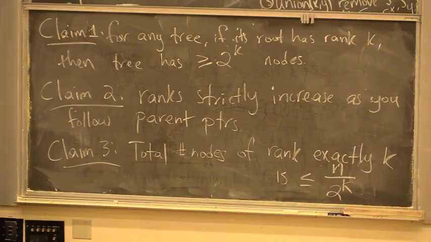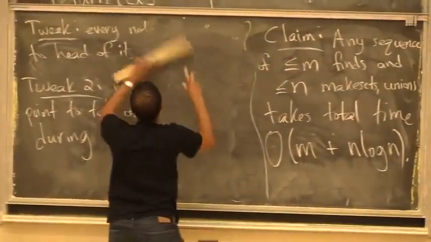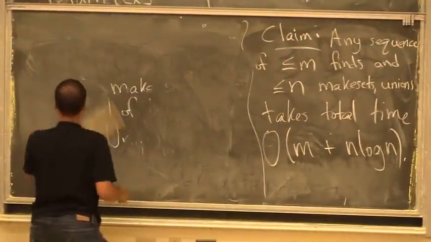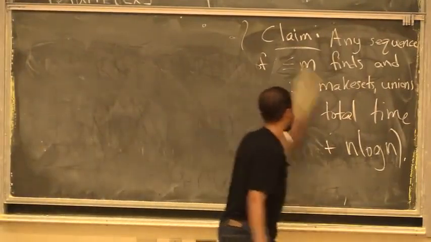And I want to say a few words about why these things are true. I don't want to spend too much time on why it's true, but I do want to say a couple words.